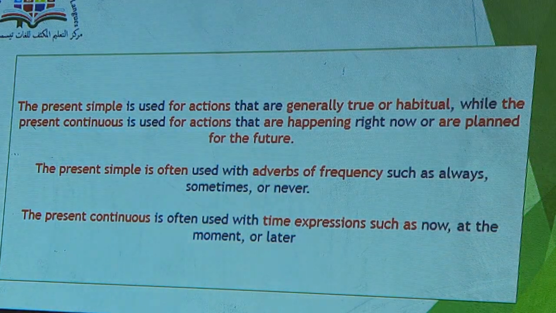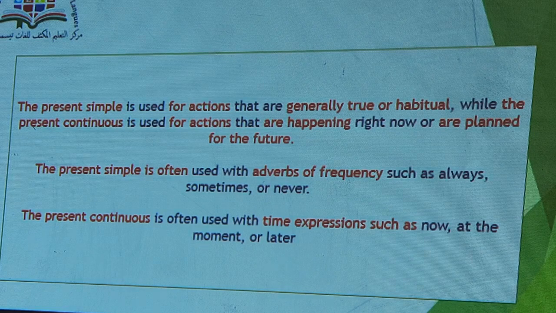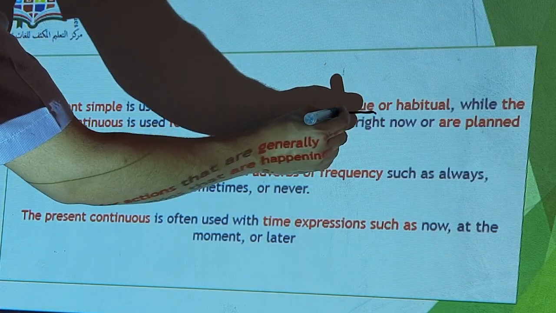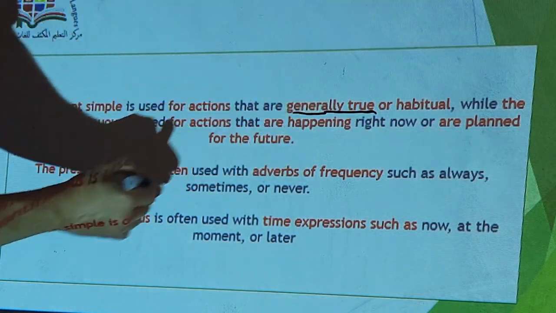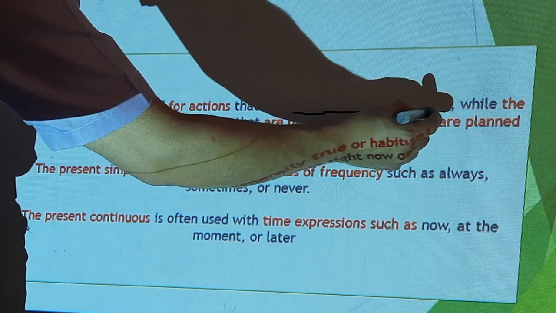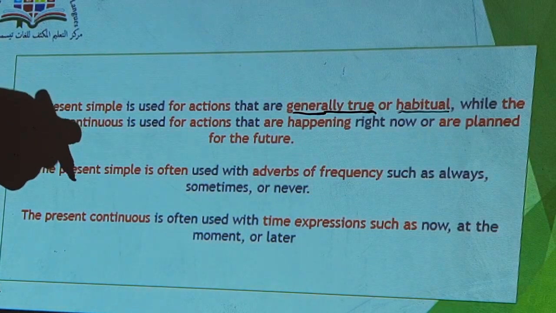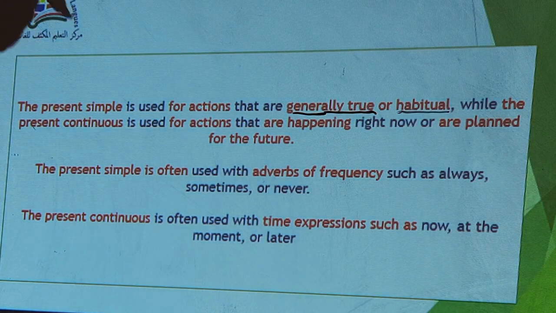So the present simple is used for actions that are generally true or habitual. Generally true is what we call a fact. Habitual means it is repeated or happening regularly.